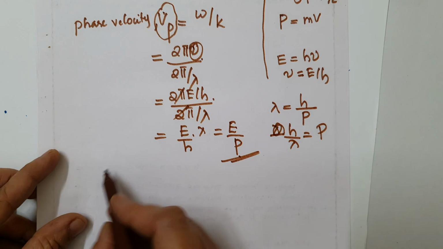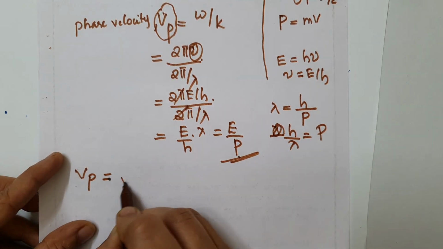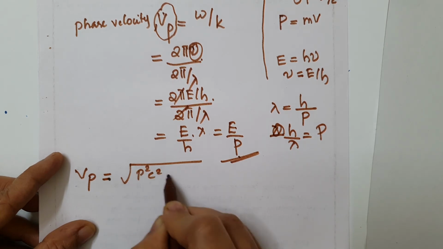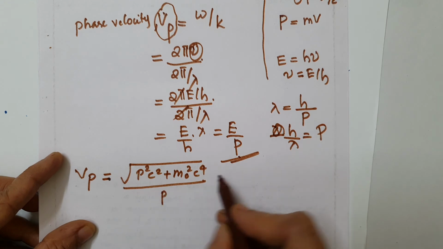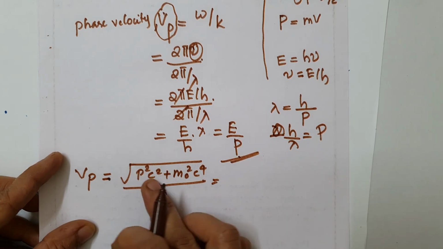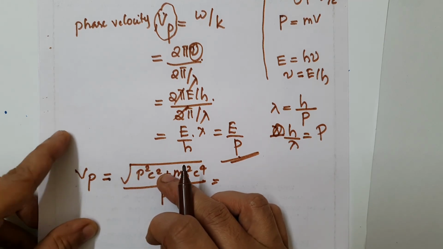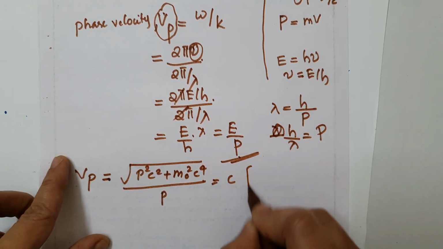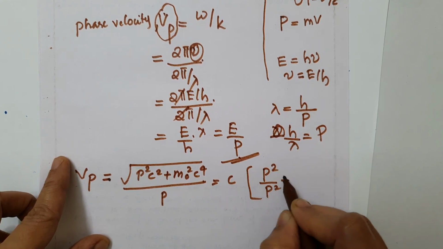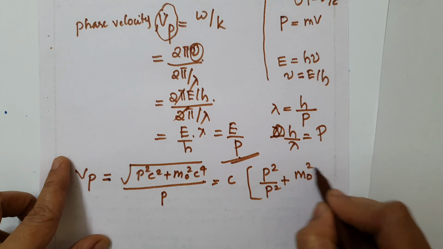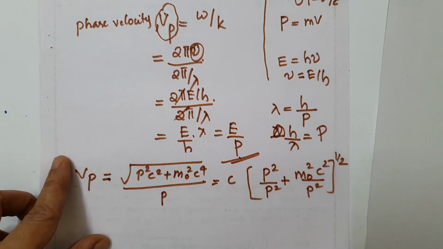That is, the phase velocity Vp is equal to root of p² c² plus m0² c⁴ by p. Taking c² outside and taking p inside the square root, there's c into (p² by p² plus m0² c² by p²) the whole raised to 1 by 2.